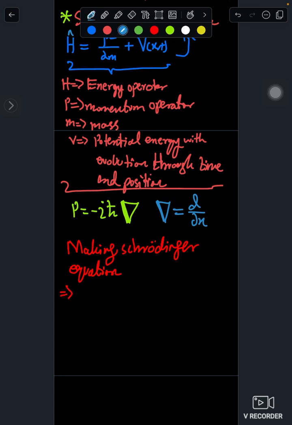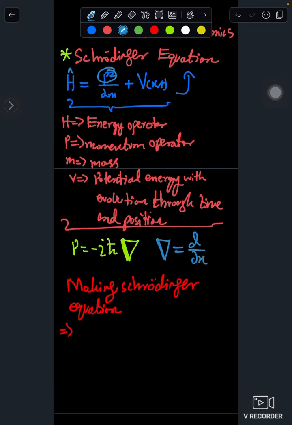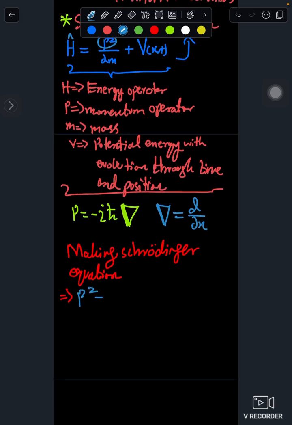So at first, since p is squared, p squared equals minus i squared, which will become 1 because the minus sign cancels, minus 1 squared.